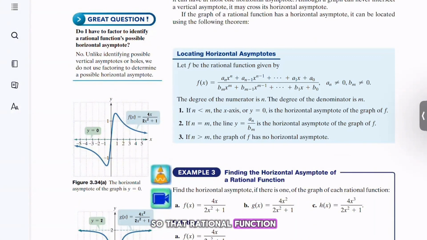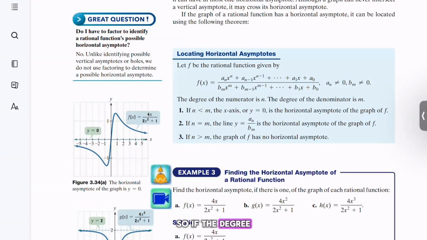So that rational function is just a sub n x to the n plus a sub n minus 1 x to the n minus 1. That is just a form. It's just telling you that you have descending powers. So say for instance, you go from x to the 5th, and the next one would be n minus 1, which would be x to the 4th, and so on, down to your constant term.